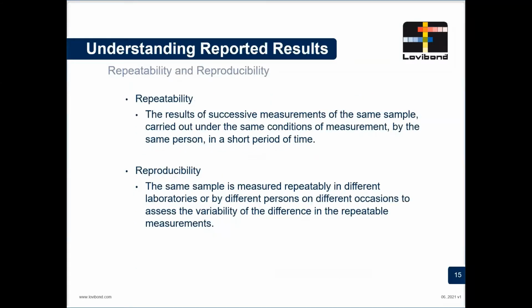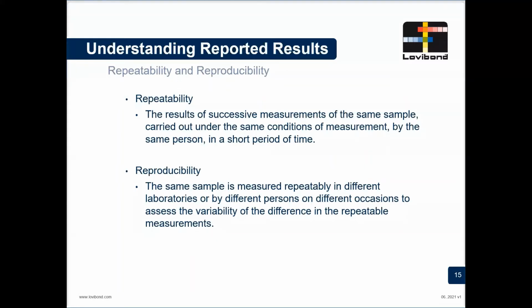And then when I have my measurement result, I've got to remember that every measurement I do has some sort of associated repeatability and reproducibility. A lot of the international standards will have a section right at the back of the standard where they list typical repeatabilities and typical reproducibilities.